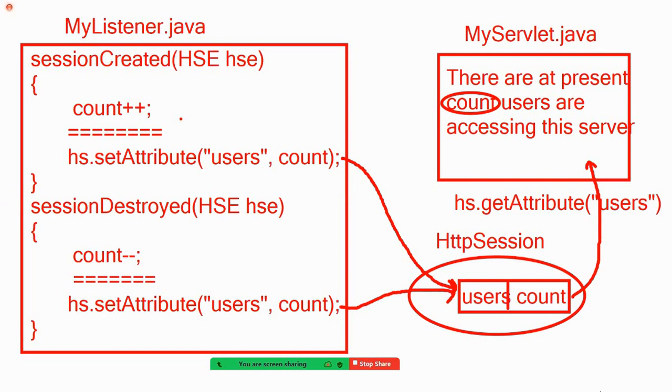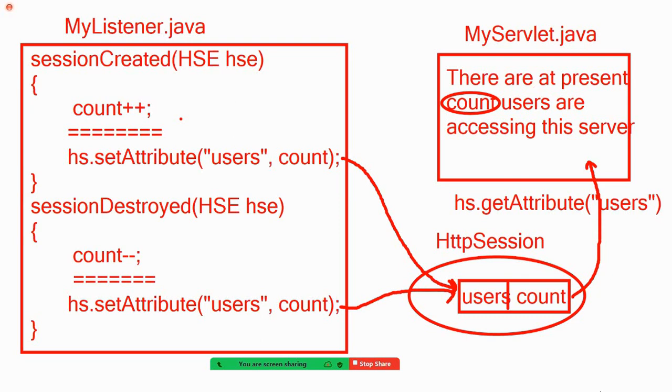Is it completed? Here from the browser, I'll send the request to this servlet. Here I'll write session. Then here one user logged in, then count plus plus. Again, I'll send a request to this servlet with another browser, or I'll close the browser and open another browser.